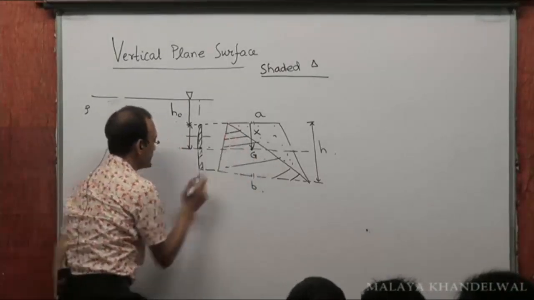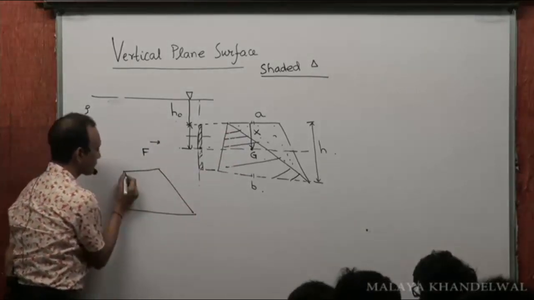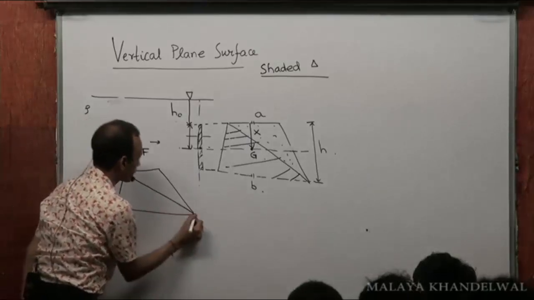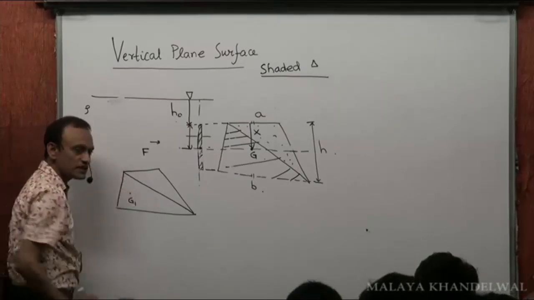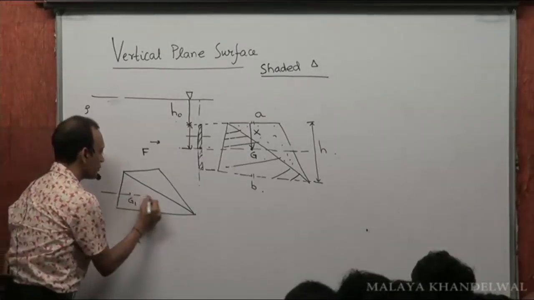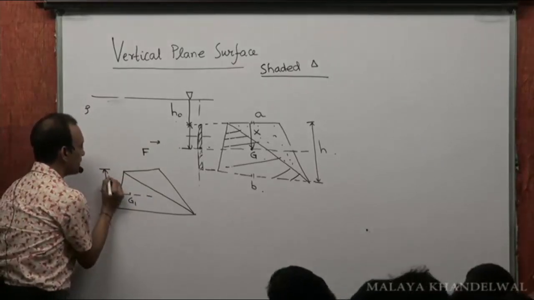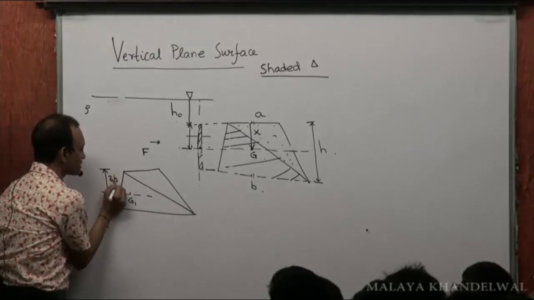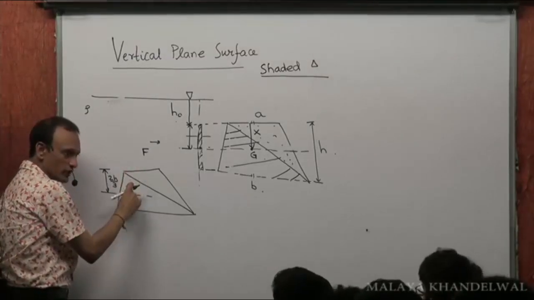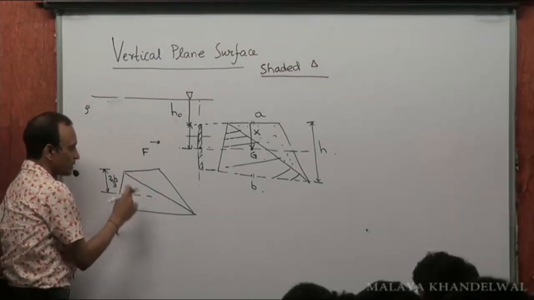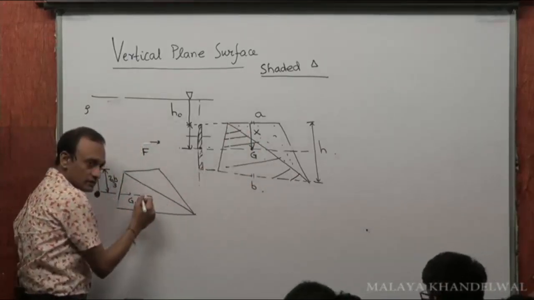Its center of gravity G1 would be at a depth 2h by 3 from the vertex, because this total height is h. So from this vertex it's going to be 2h by 3, right? What's the area of this? Half of b into h.